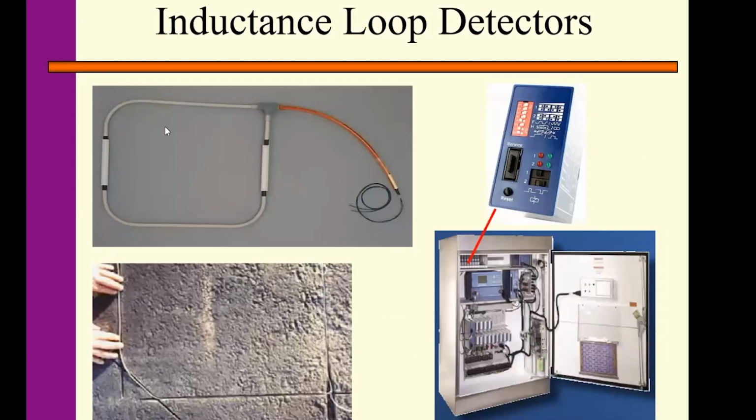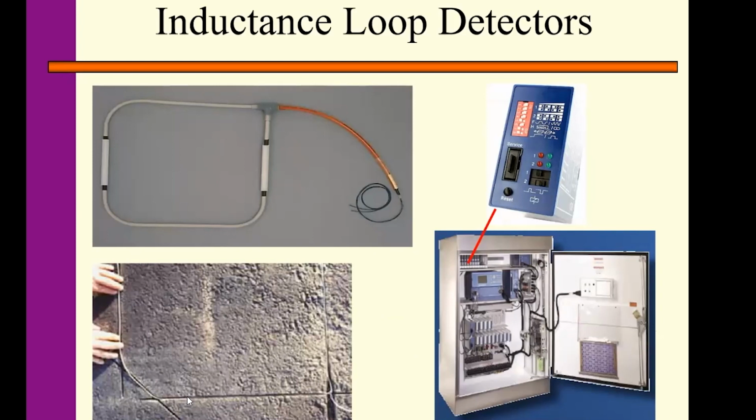This is a picture of the loop sensor, and you can see we have the pavement cut, and we embed those wires into the pavement.